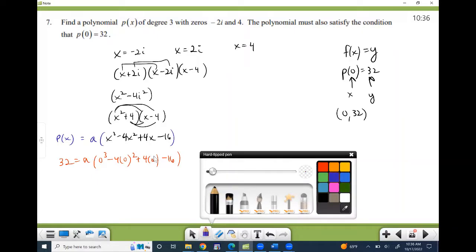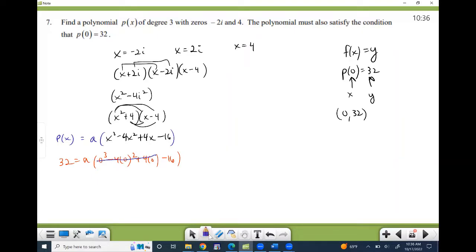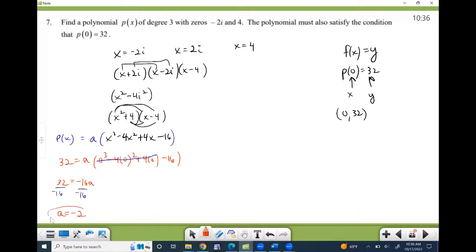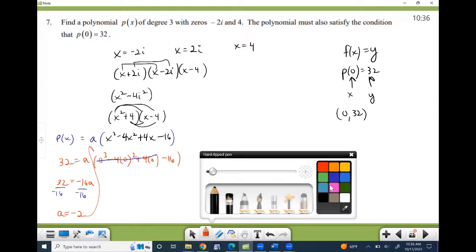My favorite number to plug in, because all these are going to get annihilated. So the math that we have is 32 equals negative 16a. I'm going to divide by negative 16. And we get that a equals negative 2. Now, that is not our answer. Our final answer is putting that a back in front of the polynomial. So here's our final answer. We're going to go check it.